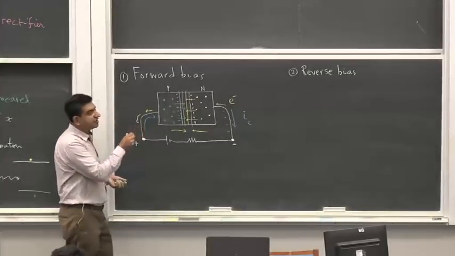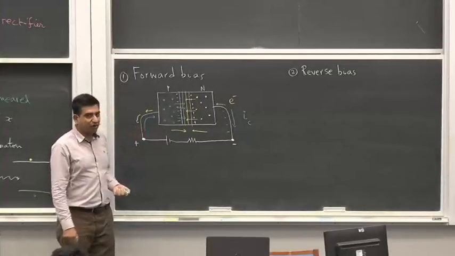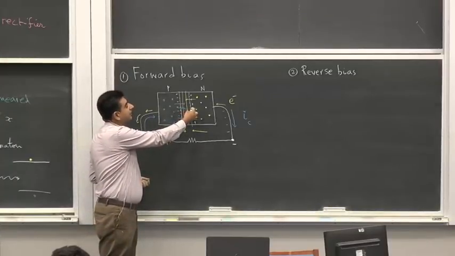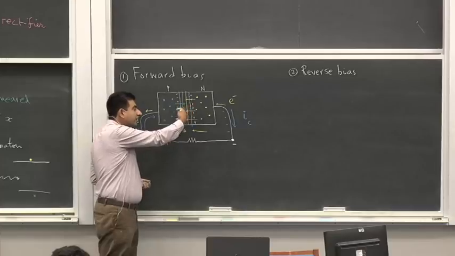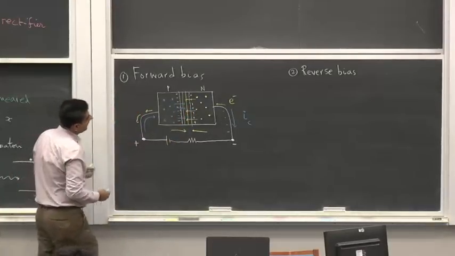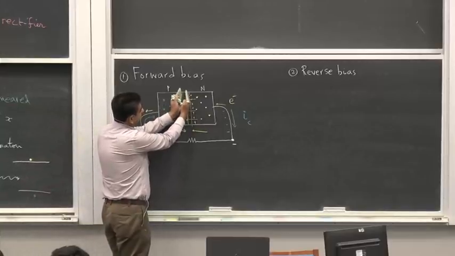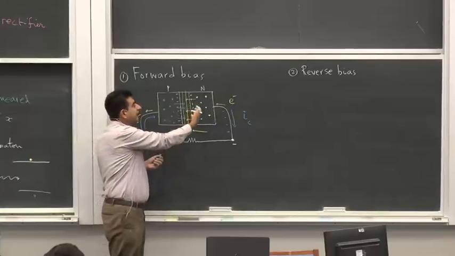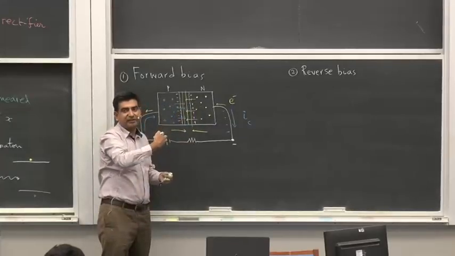The depletion region actually shrinks because now it's easier for the electrons to go towards the depletion region, which means that this voltage that is set up here shrinks because now the electrons find it easier to go across the interface.